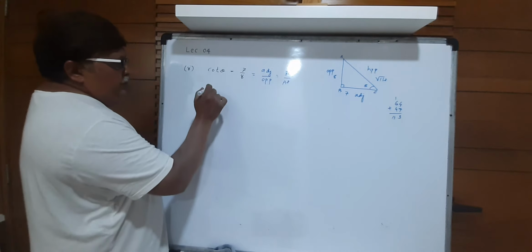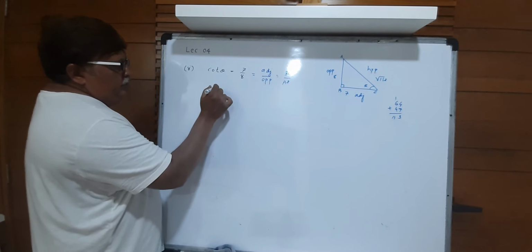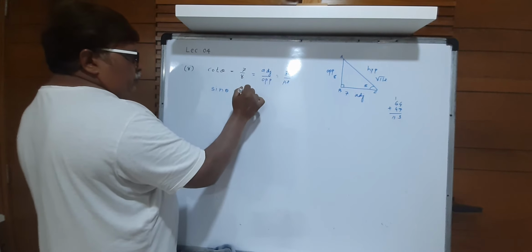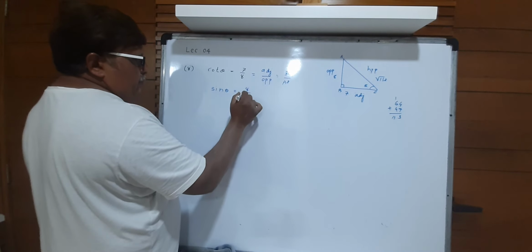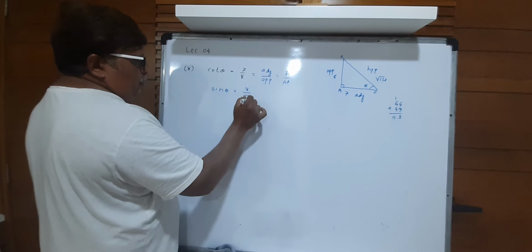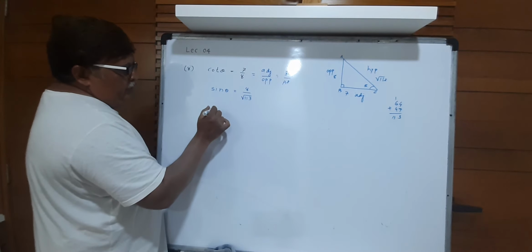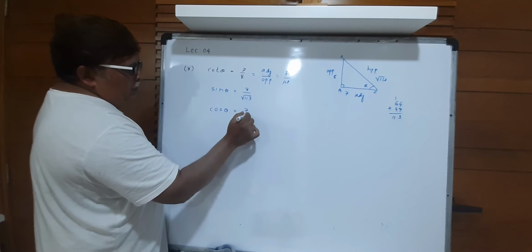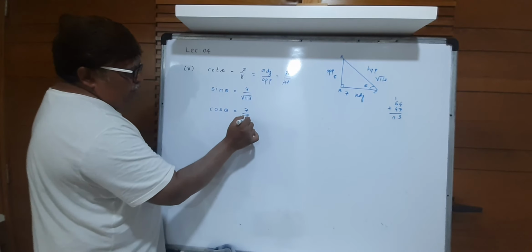What we actually require is sine theta, that is opposite upon hypotenuse, and we also require cos theta, that is adjacent upon hypotenuse, right?